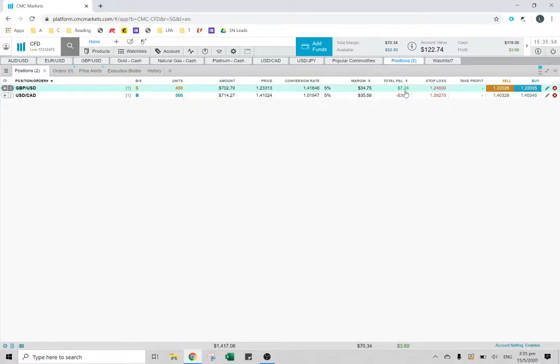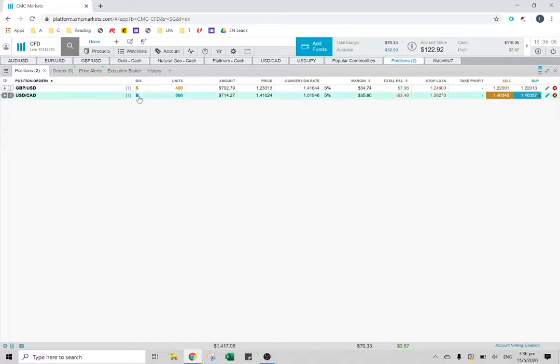I'll look at the lines later to see whether to take profits or just continue holding, as well as the loonies, USD Canadian dollar, which I have bought, as you can see here, with 500 units, bought at 1.41024. So making a little bit of losses. We will look at it and see what we can do.